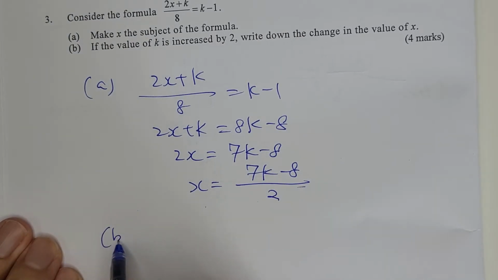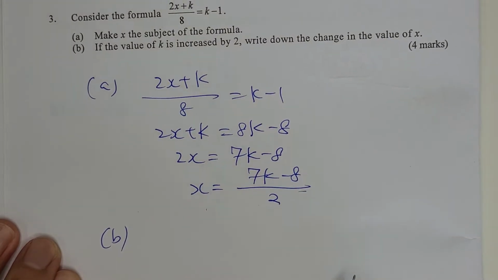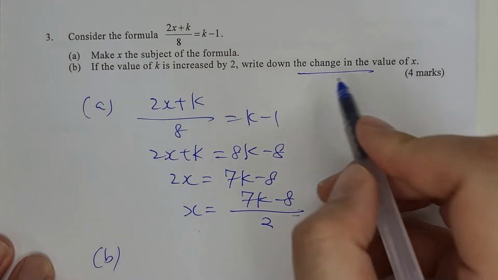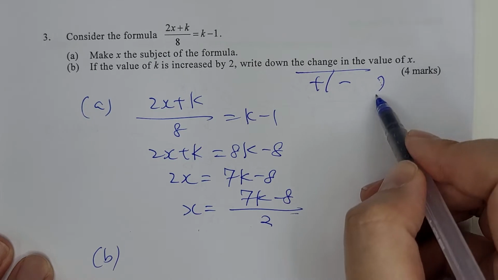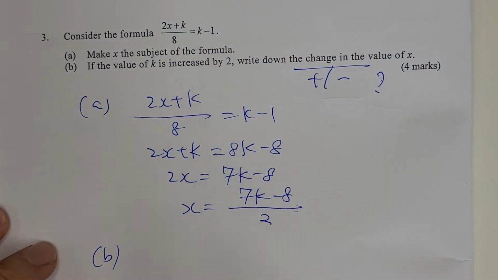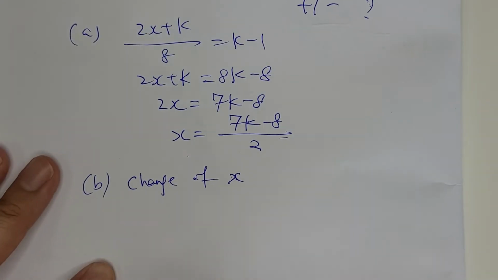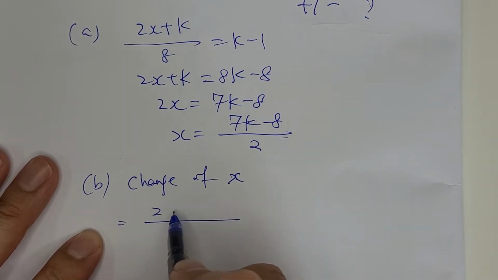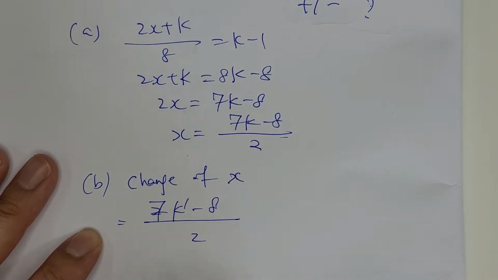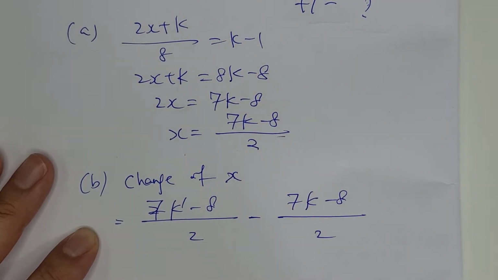So part B, if k is increased by 2, write down the change of the value of x. Write down the change, that means increase or decrease, and what value. Okay, so let's see how we think about it. Change of x can be written as the new value of x minus the original value of x.